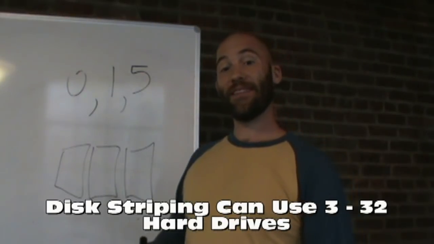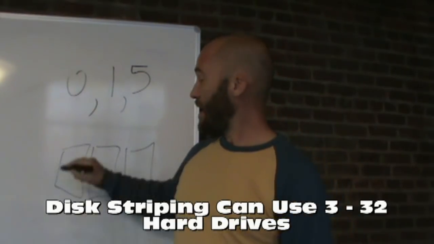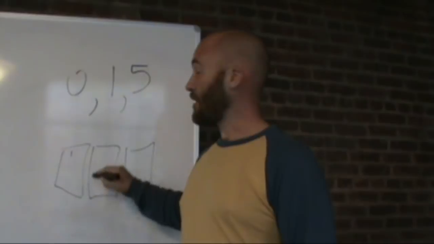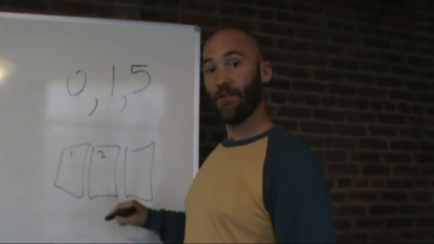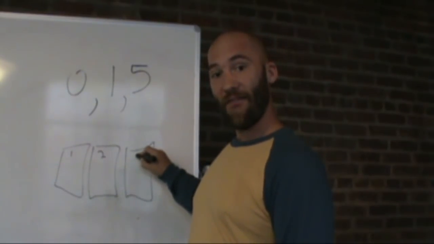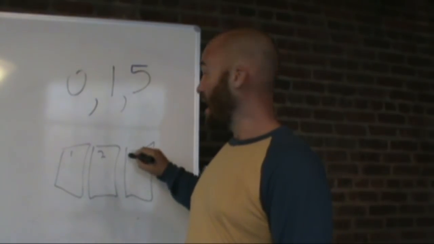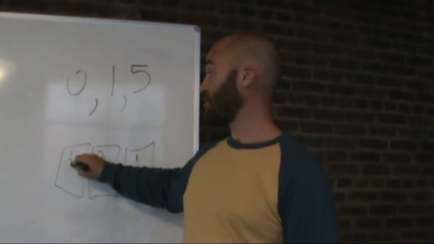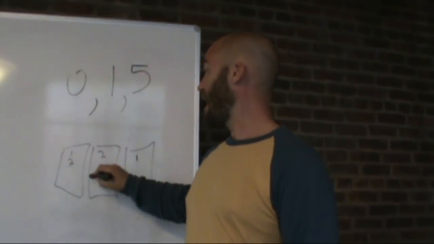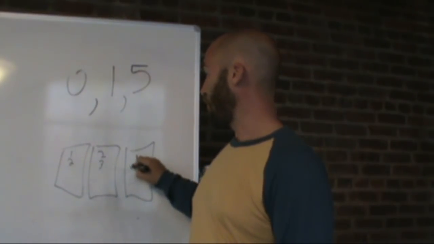Now what happens with disk striping with parity is bit 1 is written to the first hard drive, bit 2 is written to the second hard drive, and then the third hard drive has a duplicate of the first hard drive's data. And then the first hard drive gets a duplicate of the second hard drive's data, and then you go 3, 4.